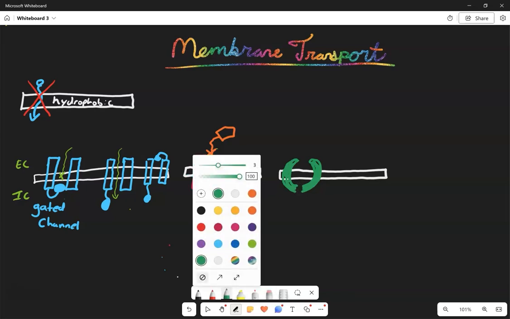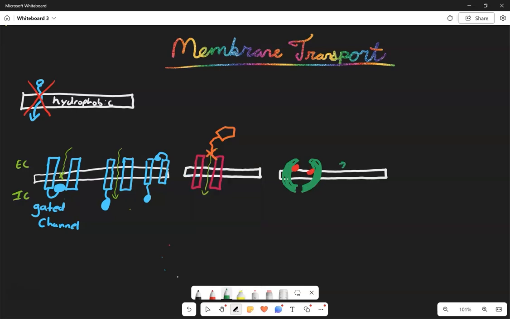What happens with these carrier proteins is that a molecule will come in and interact with this carrier. Then the carrier reverses its orientation, closed on one side and open on the other.